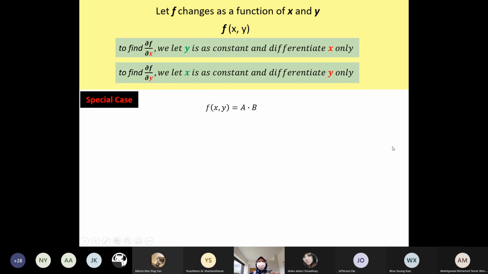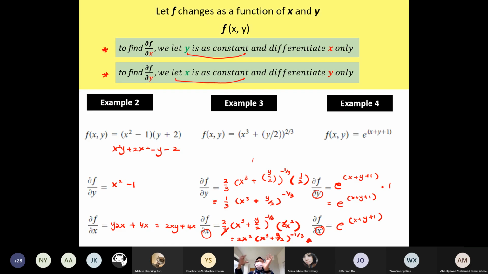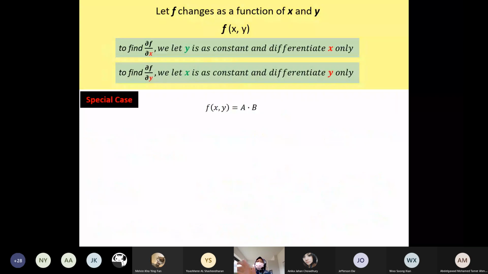Okay, so this one just now is only a single term. But what happens when you have two terms? Two functions, and then the functions you should multiply.